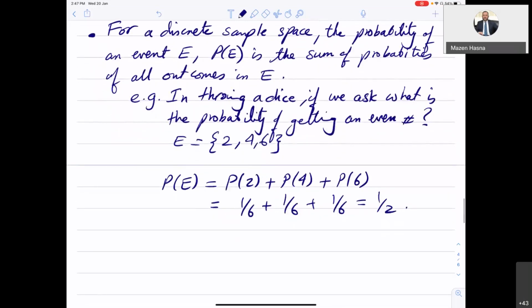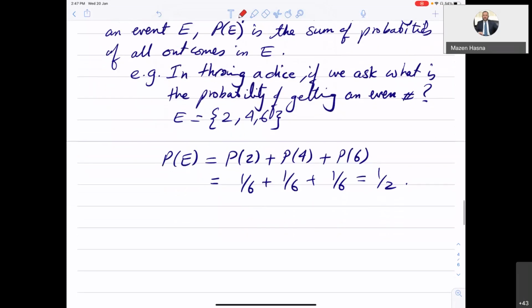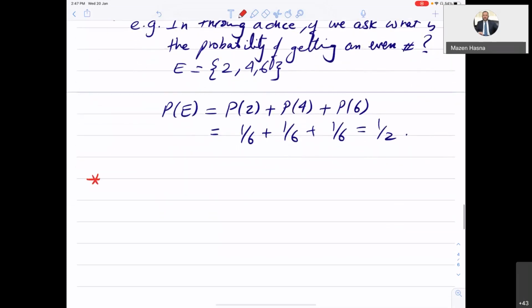Okay, and now we come to the important part, which is the axioms of probability, or the most important rules of probability.